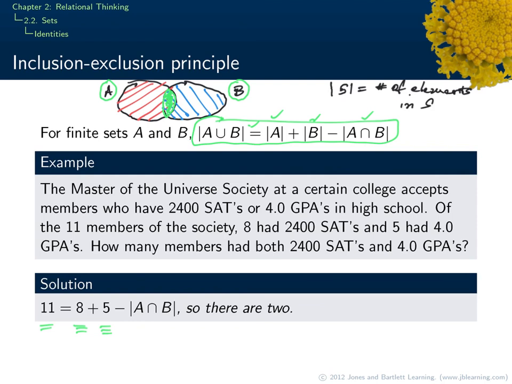And the question is, how many members are in the intersection? That is, how many people had both? And we have 11 equals 8 plus 5 minus the size of the intersection. So that forces the size of the intersection to be equal to 2. So we conclude there are 2 students who had both perfect SATs and 4.0 GPAs.